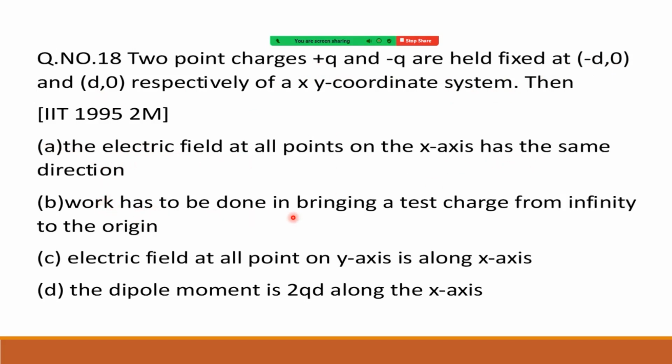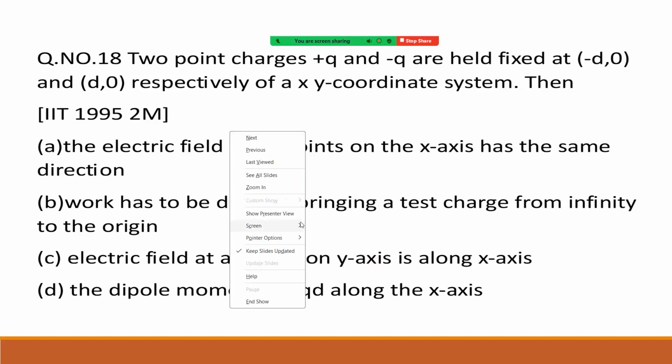Work has to be done in bringing a test charge from infinity to the origin. The electric field at all points on the y-axis is along the x-axis. The dipole moment is along the x-axis. Okay. Right now, see carefully. The positive charge is kept on the x-axis. Right. Now, see how we are solving the problem.